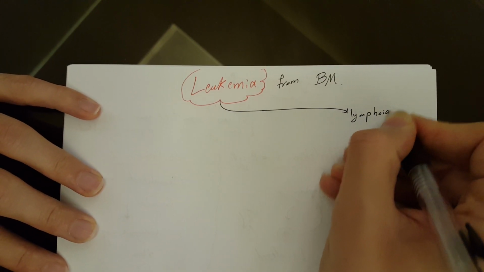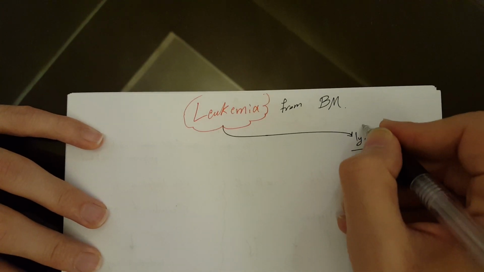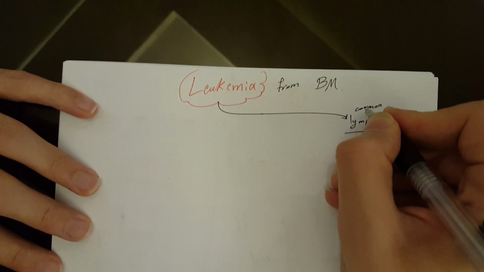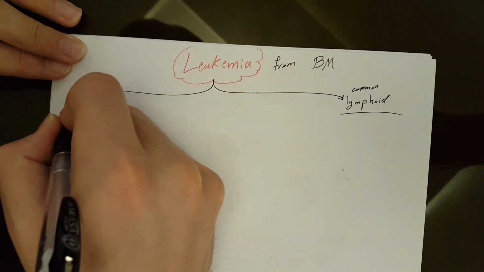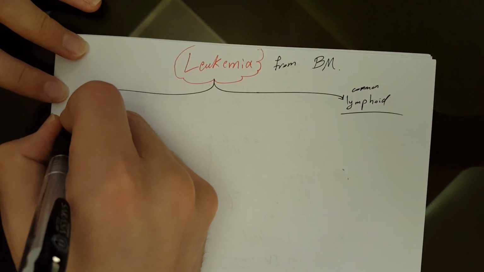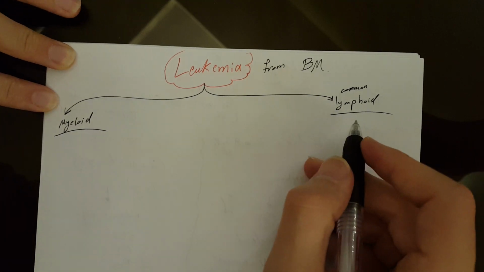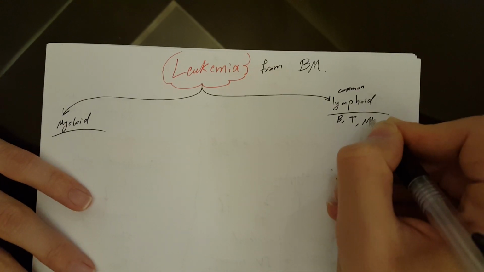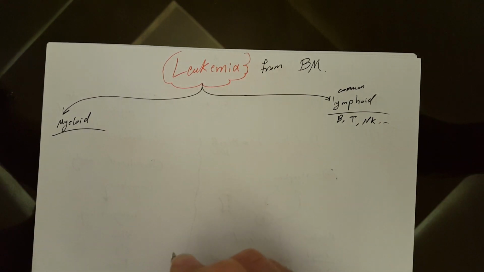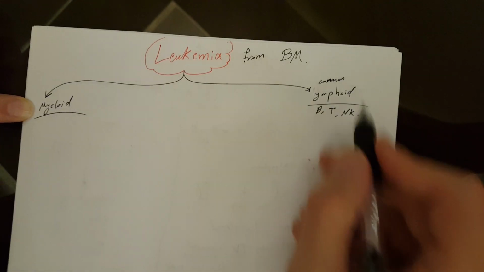You have common lymphoid progenitor cells. And then, on the other hand, you have the common myeloid. Lymphoid, as we said, will give you the B, the T, the NK, and so forth. Now the myeloid, we will have a few diseases here. Let me just talk about lymphoid.